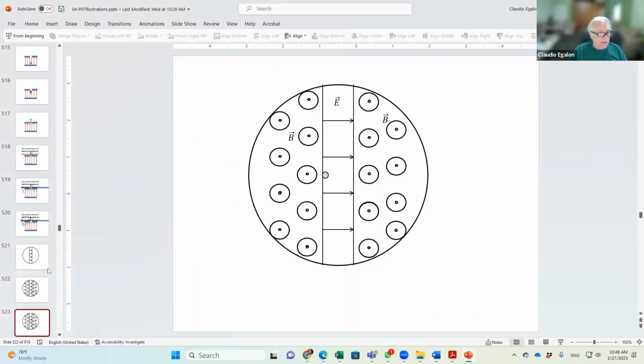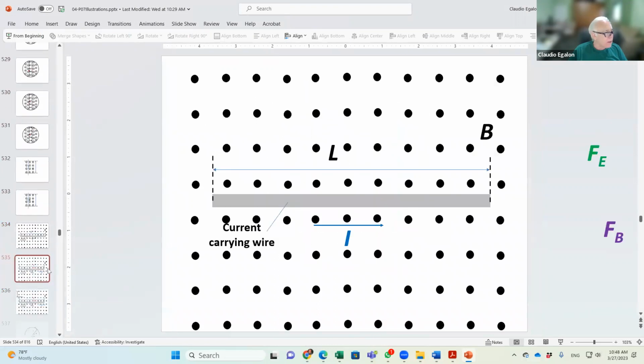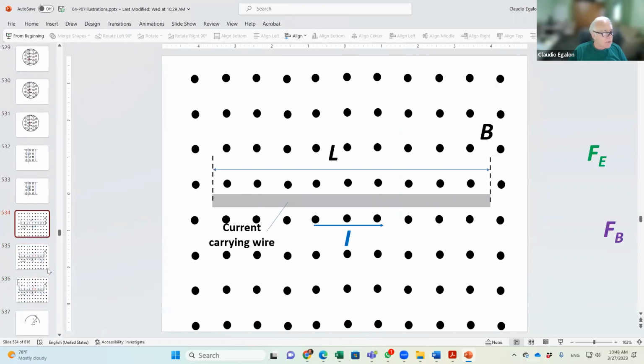Let's see if I can illustrate that for you here. Oh yeah, current carrying wire. Okay, so here you go. Here's my section of wire of conducting material carrying a current.